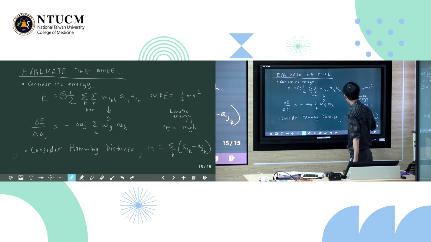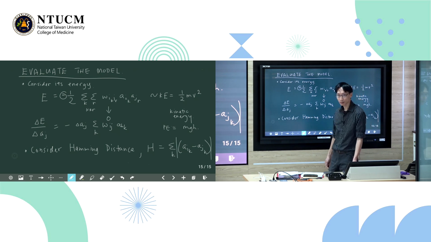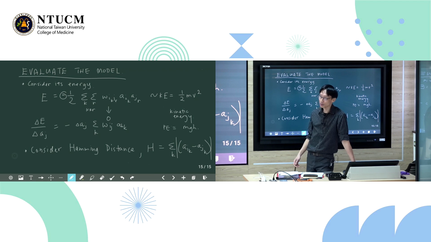I suppose I should put a mod sign, because it could be 1 minus 0, or 0 minus 1. The Hamming distance quantifies the extent to which two binary vectors disagree. So Hamming distance is another way to evaluate the model.